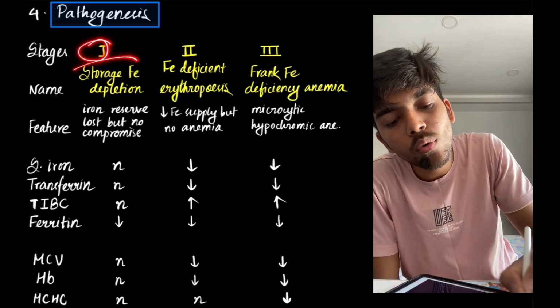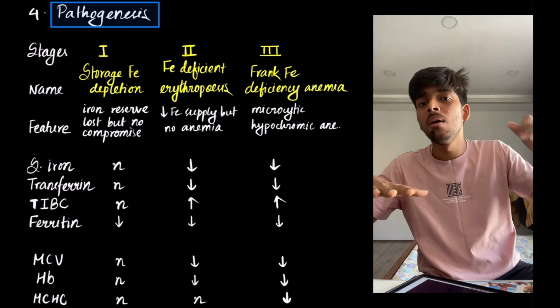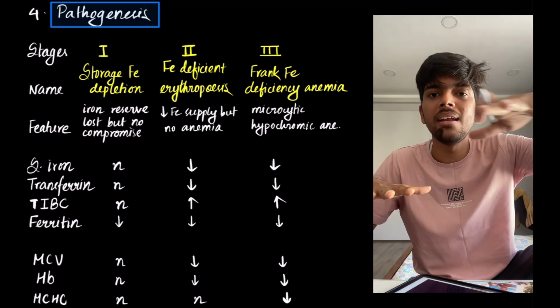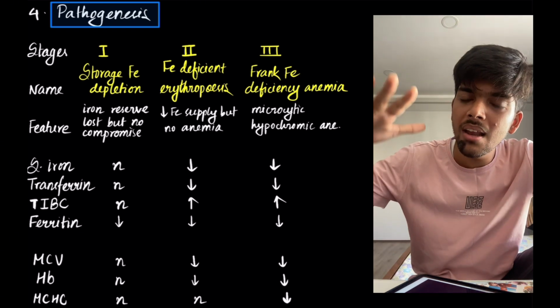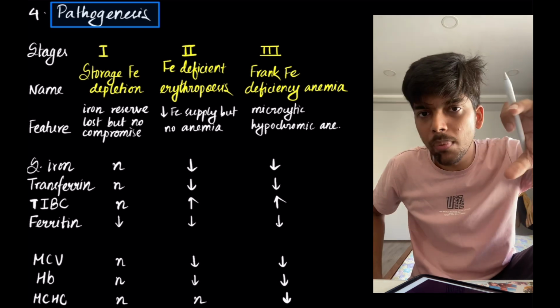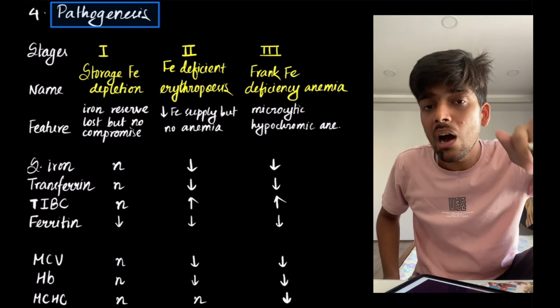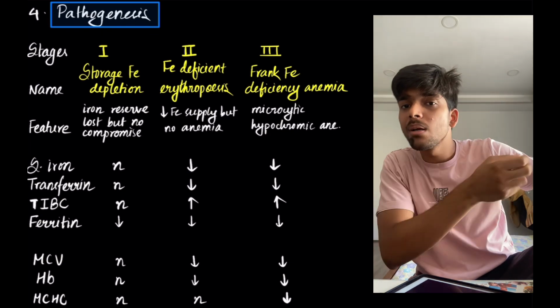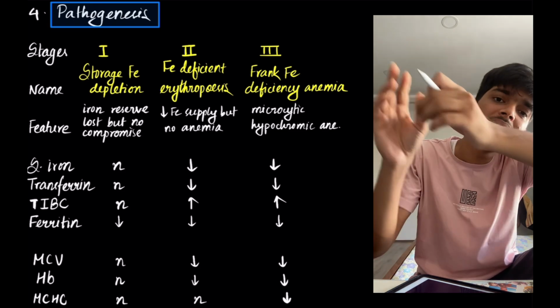This is stage 1 or storage iron depletion, where there is depletion in storage iron, but the serum iron level is maintained. Then what happens? Now the storage iron is gone. You have iron in the blood. This iron is utilized for erythropoiesis. However, since there is no more absorption of iron taking place, the iron for erythropoiesis is lacking.